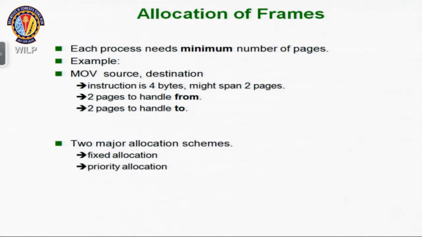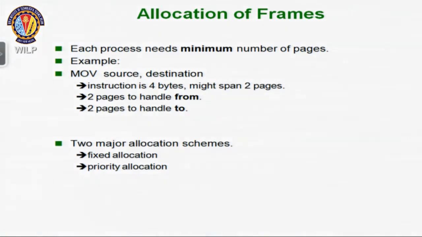So for storing the instruction itself, one would require 2 pages, and let us say that the source, the data which is being fetched, is multi-byte data. In that case also the source data could reside on 2 different pages, and the destination also could be on 2 different pages.